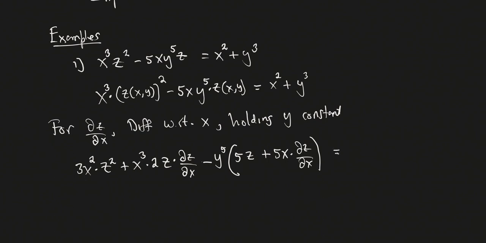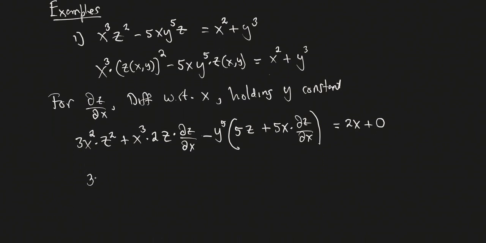Now the right-hand side, a lot easier. This is a regular derivative with respect to x, so this is 2x, and then y is being held constant, so we're going to end up with 0, right? And then our goal is to isolate dz dx. We want to find what that partial derivative is.